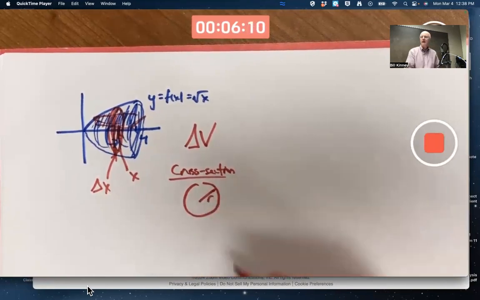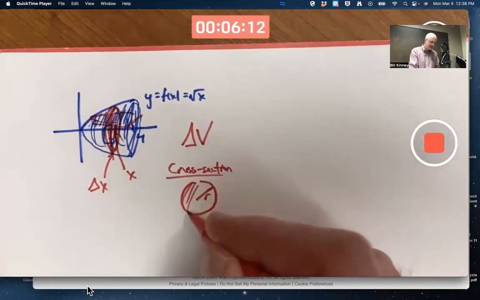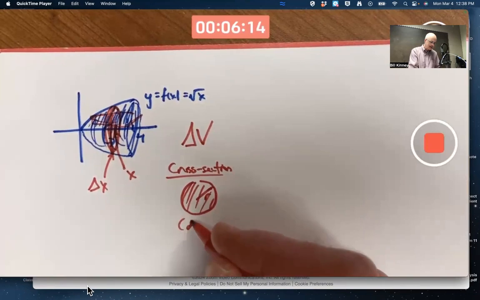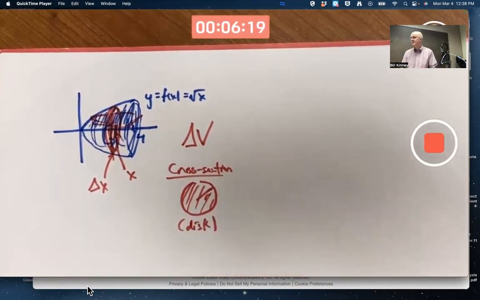It's a disk, you might say. So the cross-sectional area function that you end up integrating is actually simpler for this kind of problem. You don't have to do pi times the outer radius squared minus pi times the inner radius squared. It's just pi times the radius squared. That's it. There's just a single radius.